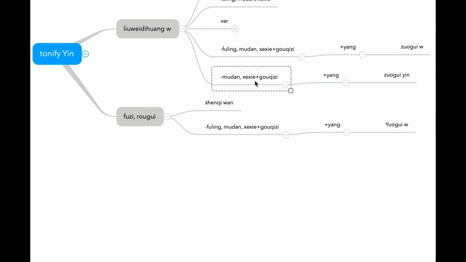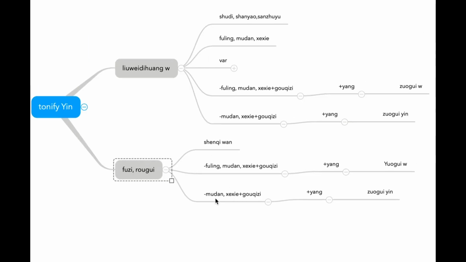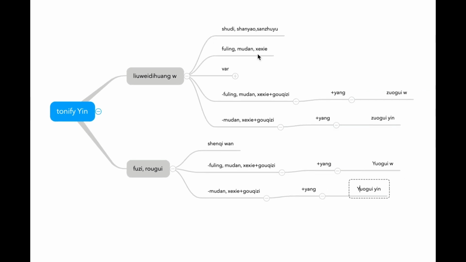And same thing with this: if you remove Mudanpi and Zexie, and add gouqizi and tonifying yang herbs. So remember all these formulas together.